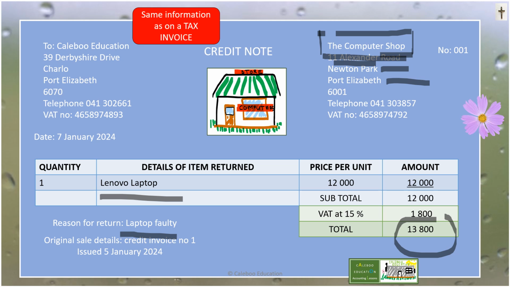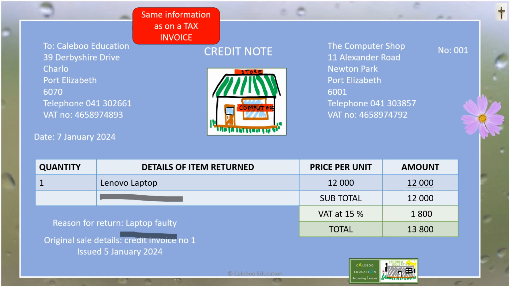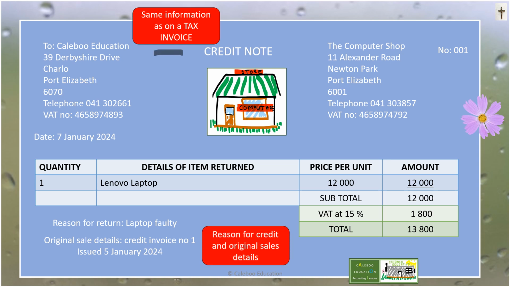SARS requires the same information on the credit note that was on a tax invoice, but there also needs to be the reason for the return, and the laptop was faulty. All information that was on an invoice also needs to be on a credit note for SARS to accept the document.